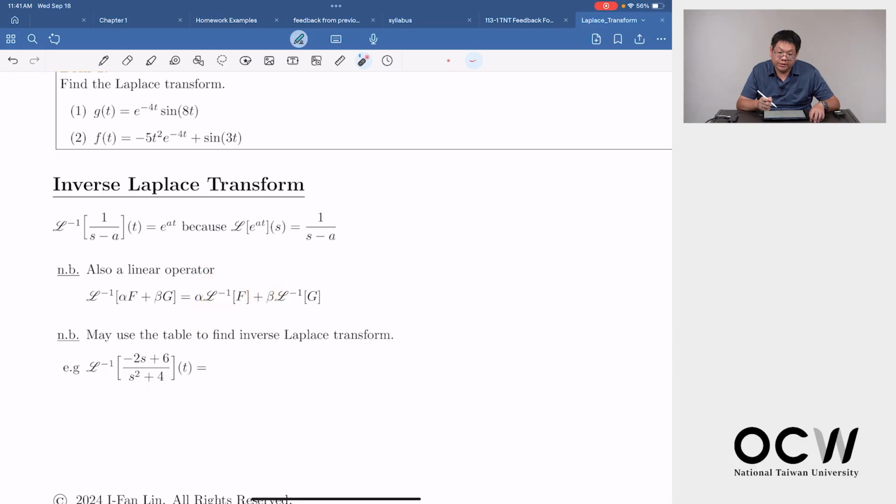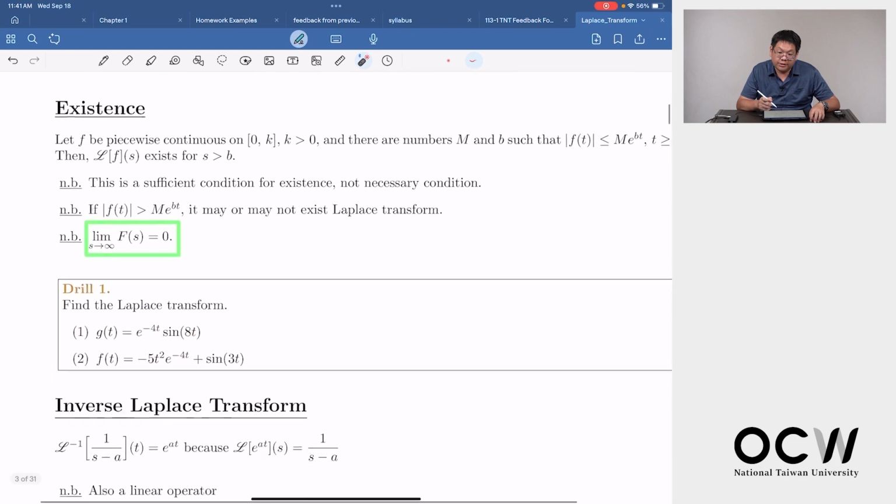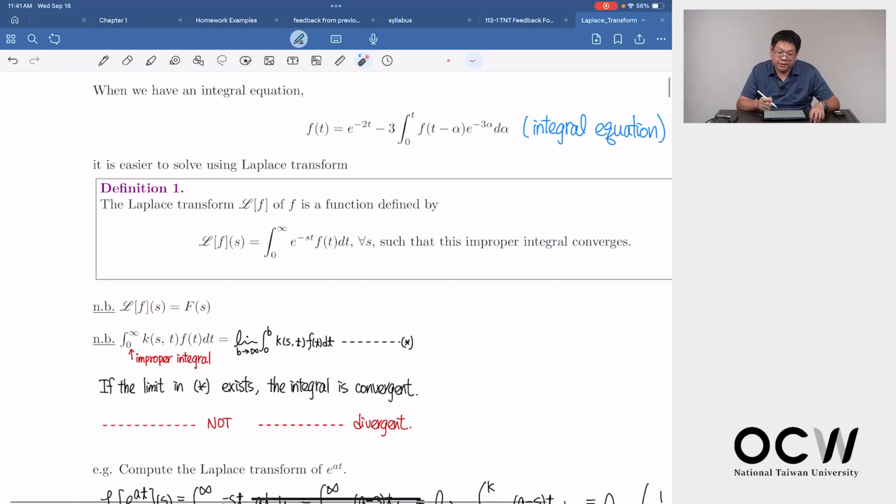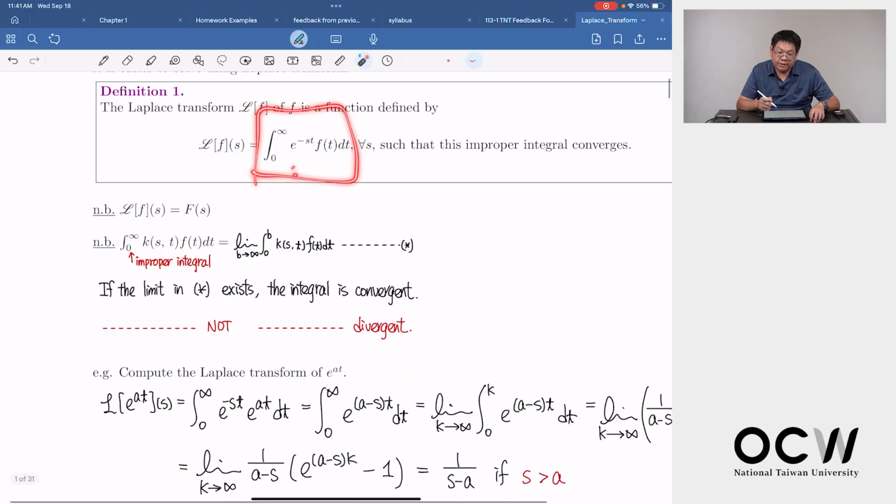And we can also use the table to find the inverse Laplace transform. In our quizzes and also the midterms, we will provide the table. So you don't really need to memorize a lot of Laplace transform forms. But at least the basic definition you should know. That can also help you to verify your answer.